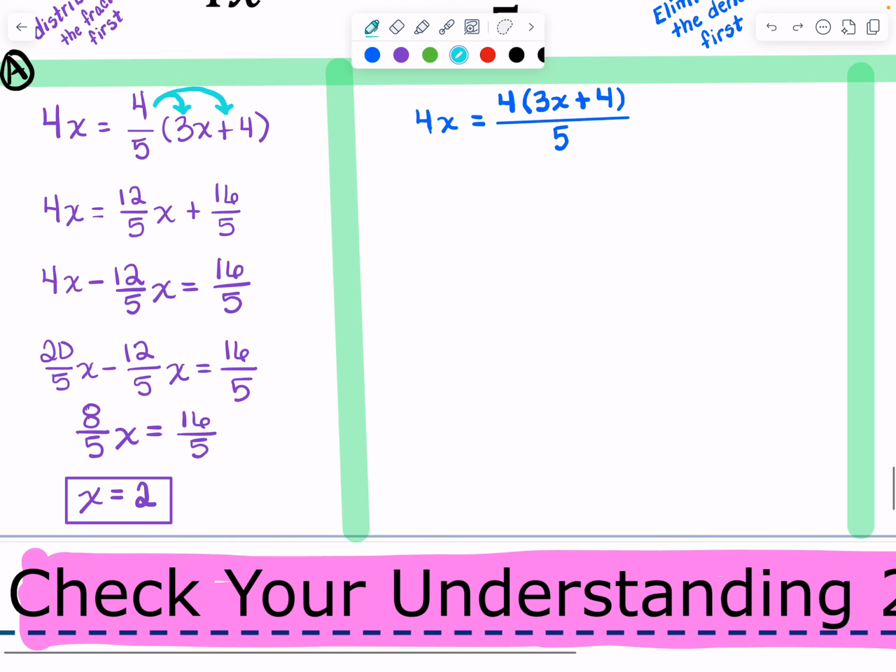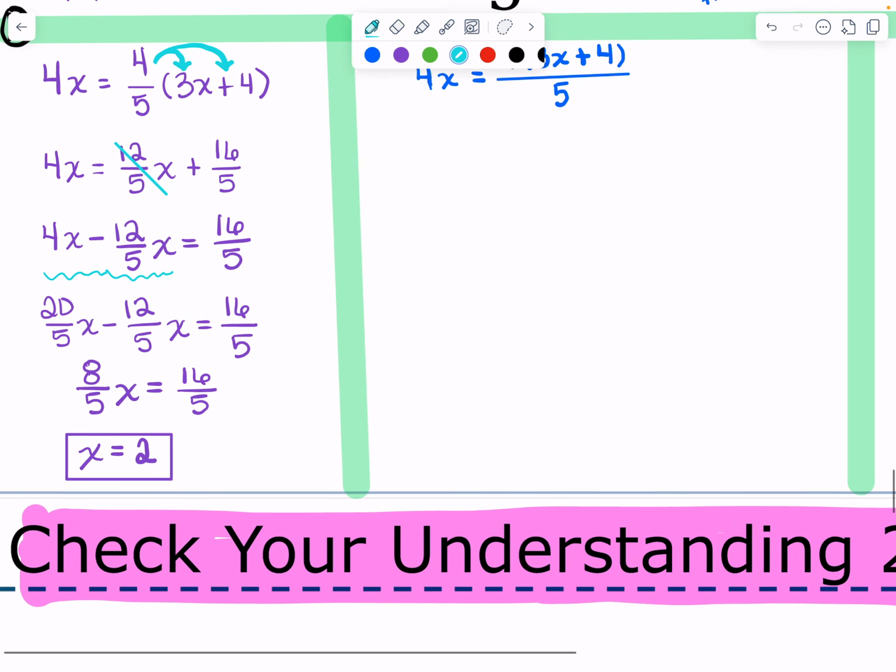So what I'm going to do instead is I'm going to take 12/5 x, move it to the opposite side of the equal sign, and I'm going to subtract it. But before I can subtract 4x and negative 12/5 x, they have to have a common denominator.